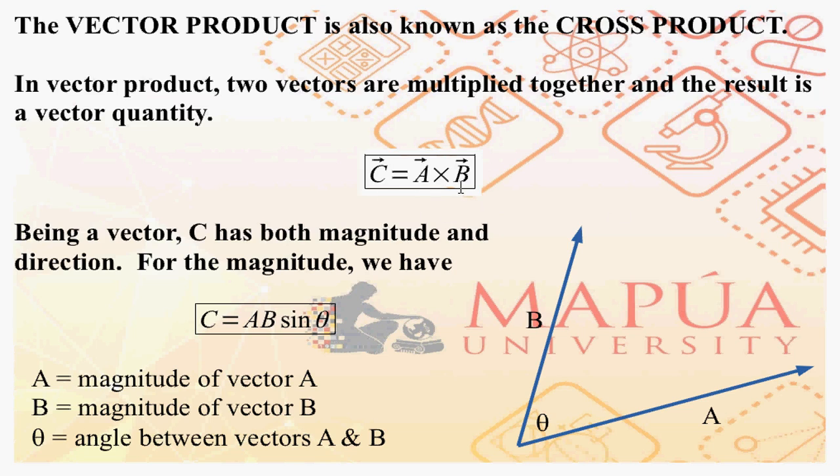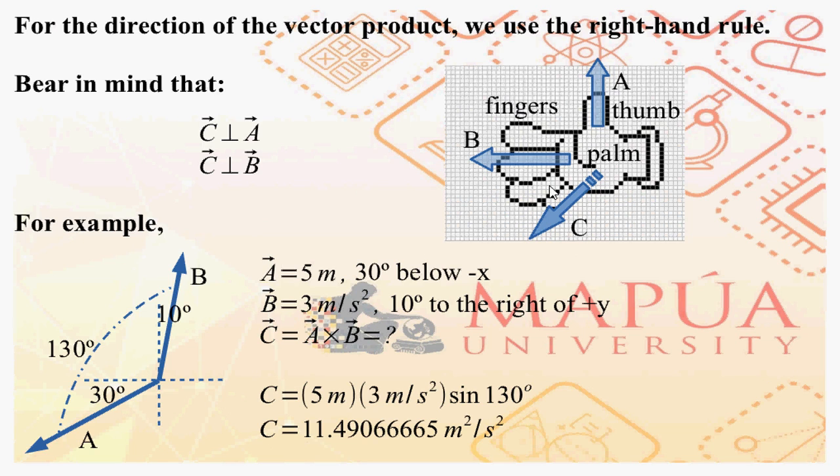So in this equation, A cross B, A is the first vector, B is the second vector, and C, of course, is the vector product. So to use the right-hand rule, draw the vectors, say vector A, vector B, connect their tails together, and then place your right hand on the drawing, orienting your hand such that your thumb is pointing in the general direction of the first vector.